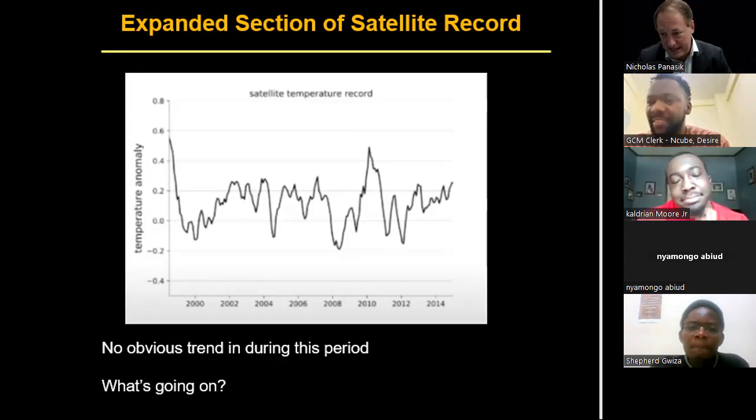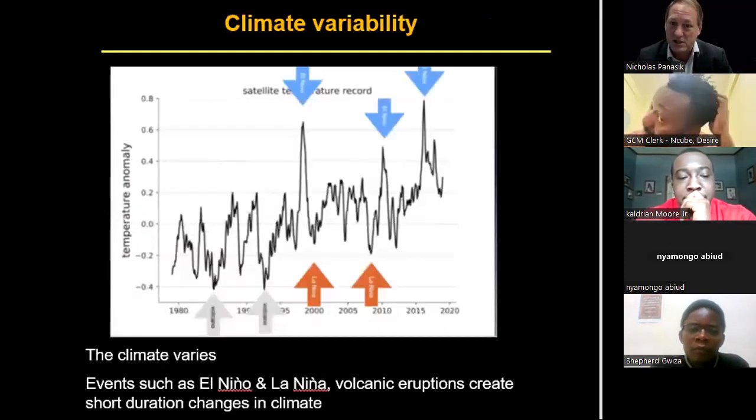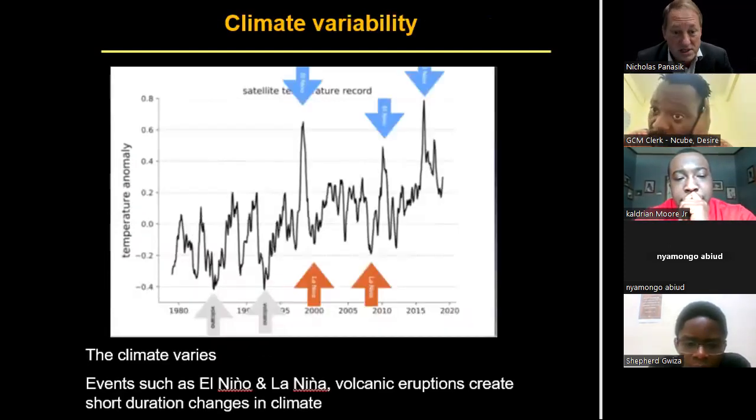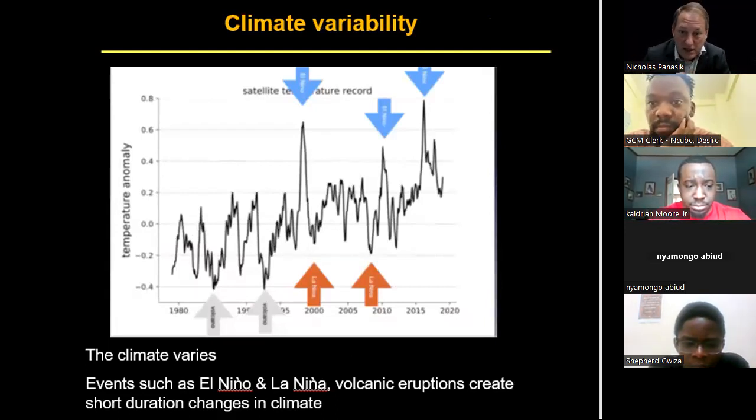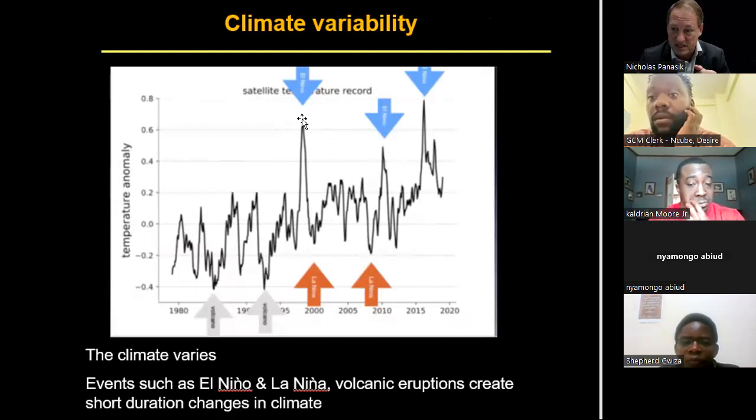So the first thing to take into account is that there's climate variability. There's always climate variability. There's different things that can affect the climate for a short period of time, short durational changes. You can have El Niños. We know that those tend to make things warmer, and here was an El Niño in 1998. That's where we get the spike.